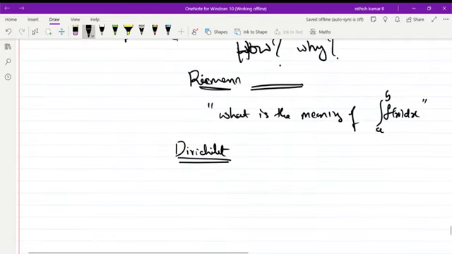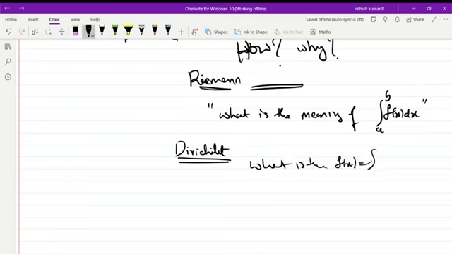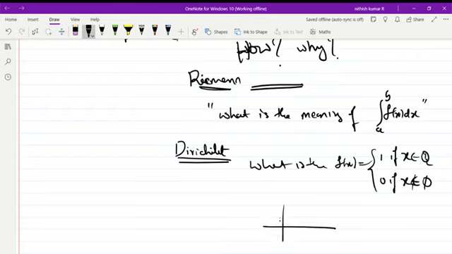Dirichlet asked, what is the integration of f of x equal to 1 if x belongs to Q and 0 if x does not belong to Q, between 0 and 1? He asked about a function which takes 1 at rationals and 0 at irrationals. Find the area between 0 and 1.